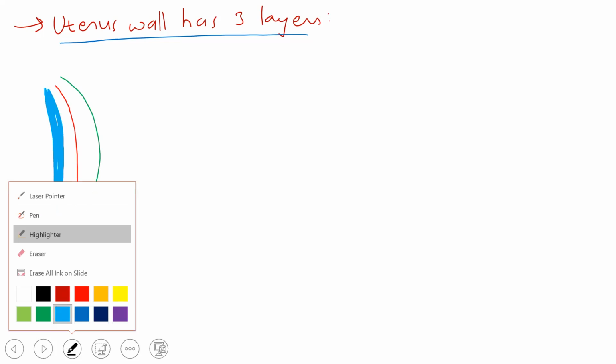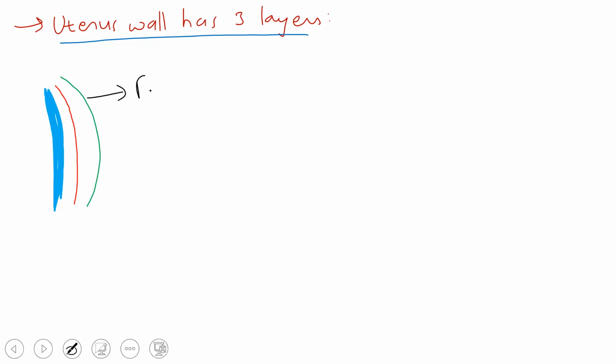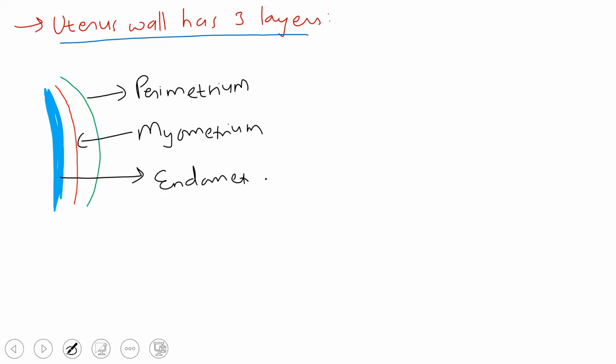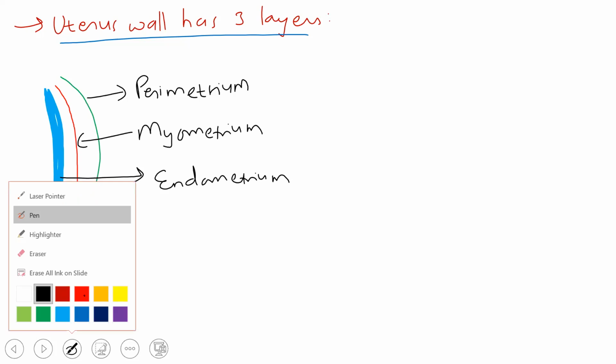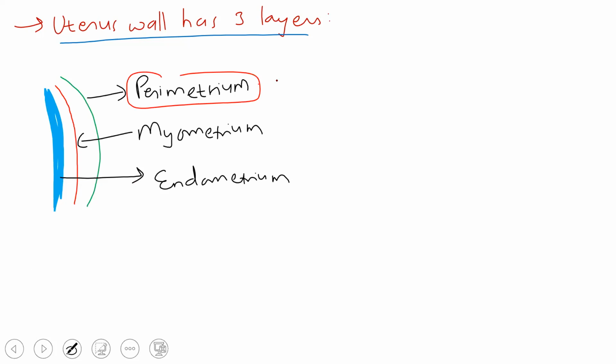So in this case, the outermost is what we call the perimetrium, this is the myometrium, and this inner one is the endometrium. Perimetrium is referred to as the external thin layer. Myometrium is the smooth muscle layer.